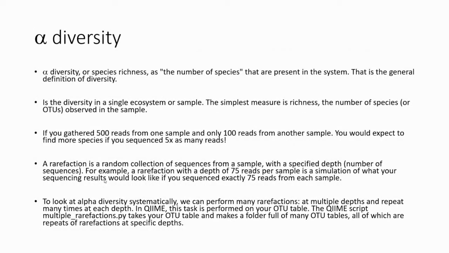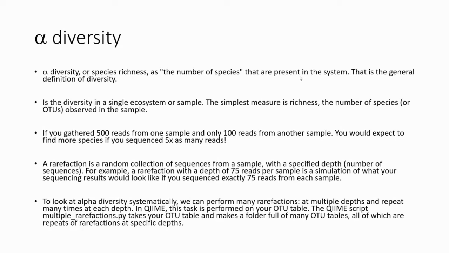So for the alpha diversity, basically it's also called species richness. You are going to analyze the data within the taxa within the sample. So that says the number of the species that are present in the system.